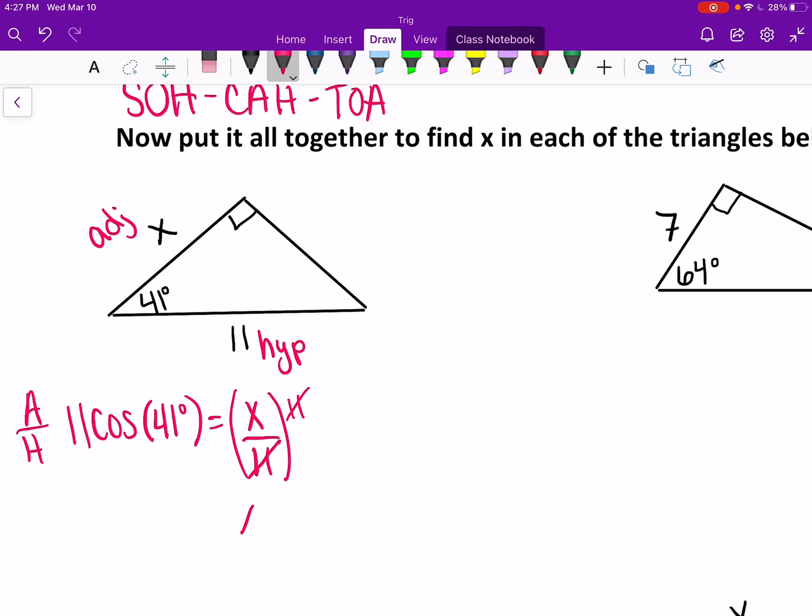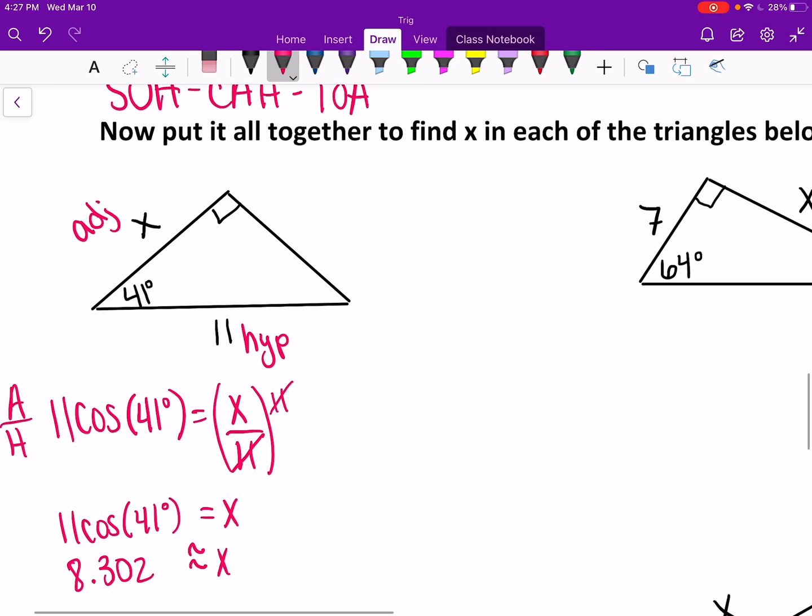So this gives me x is equal to 11 times the cosine of 41 degrees. If you type this into your calculator, you type 11 times, hit the cosine button, then 41 degrees. This should give you approximately 8.302. So make sure you got that answer and make sure you typed it in correctly. Some calculators are different.